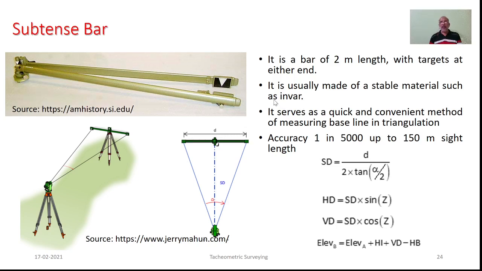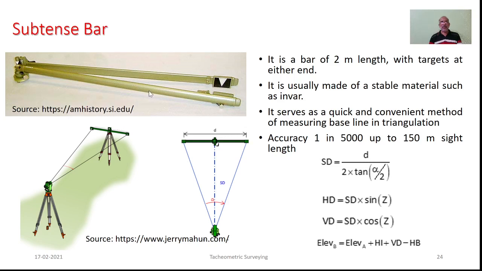As well, in order to have that particular distance fixed, the invar wire is encased with some such non-erodible tubing.